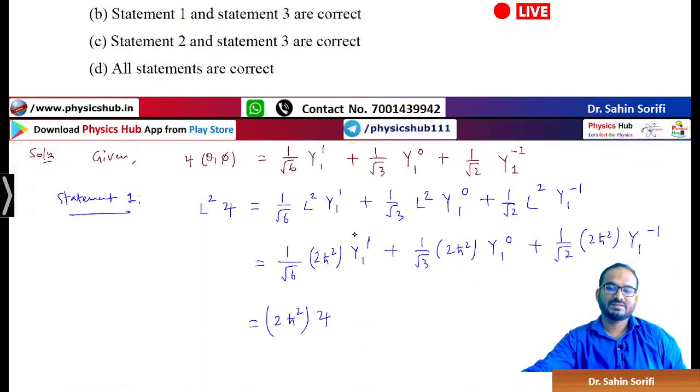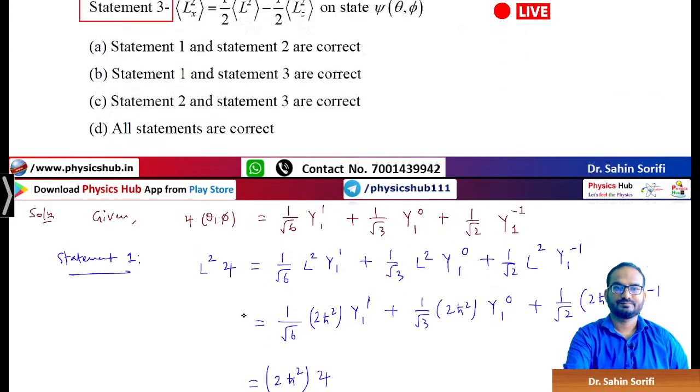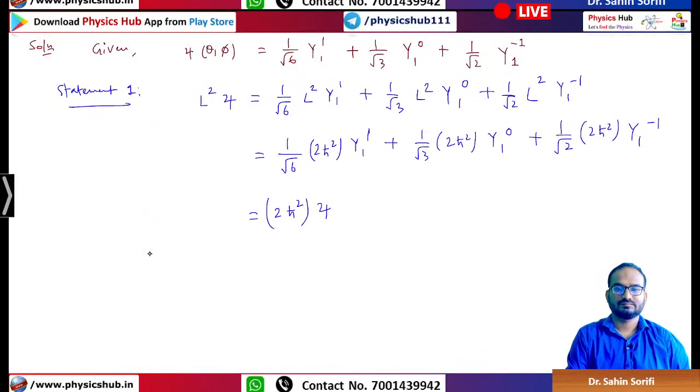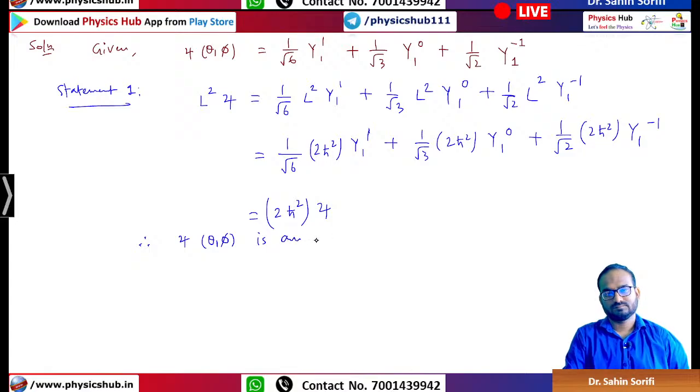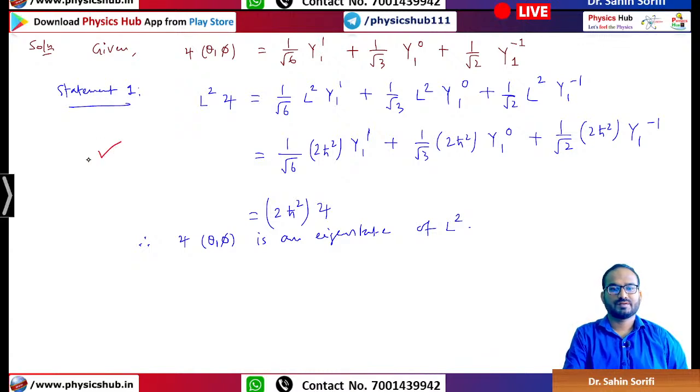So statement 1 is correct. Statement 1 seems to be correct. Let's go for statement 2.